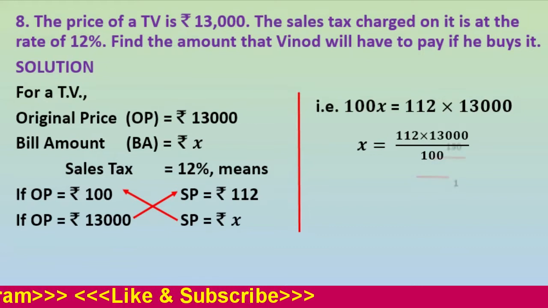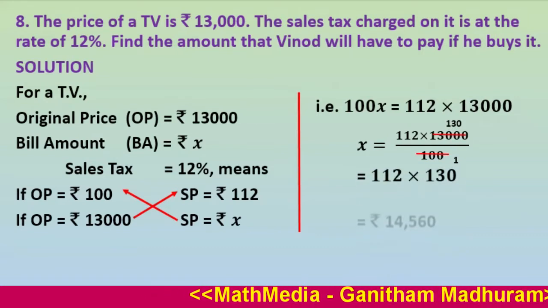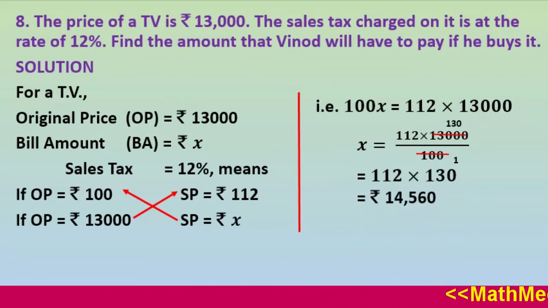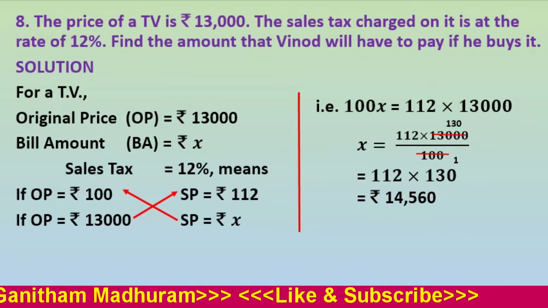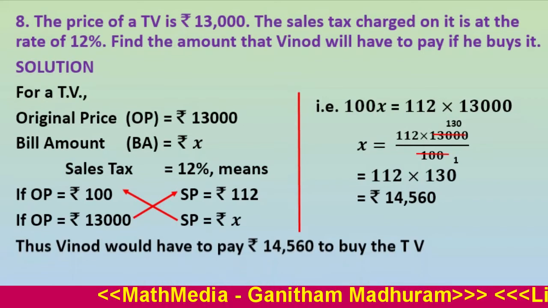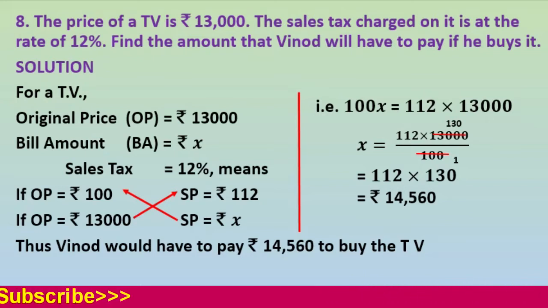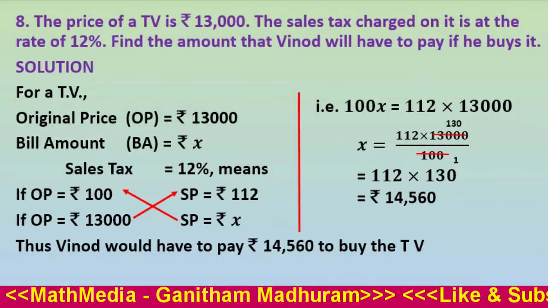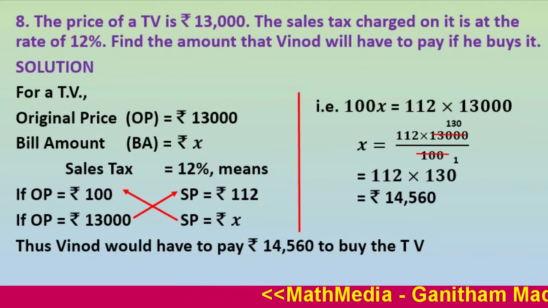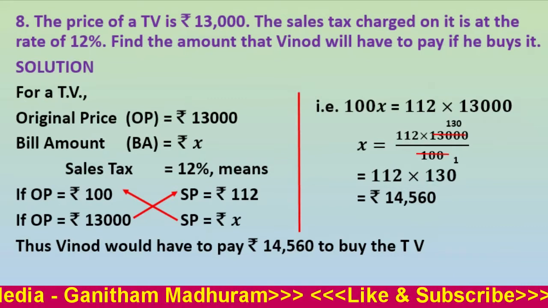Cancelling two zeros from the numerator and denominator, we get 112 multiplied by 130, that is equal to rupees 14,560. That means the amount Vinod will have to pay is rupees 14,560. Is it clear? In the case of sale tax, we are using original price and selling price, or original price and bill amount.